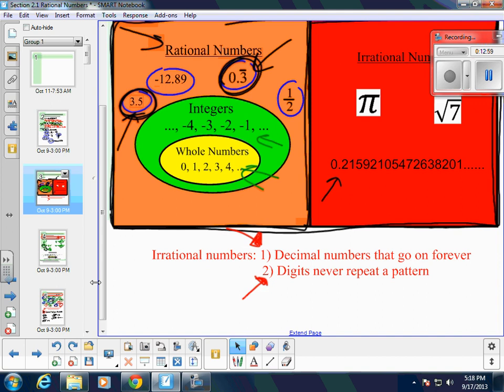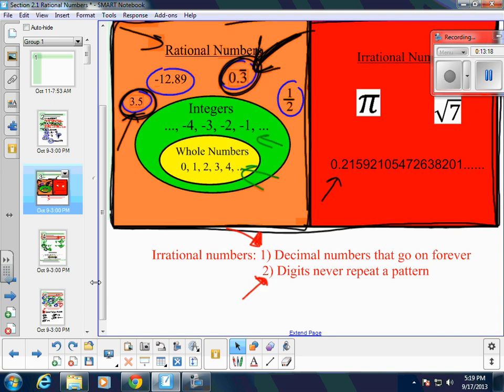And I don't see any kind of line over the numbers like I have up here for 0.3. Remember, here's what it looks like if some number starts repeating, 0.3 with a line over it. But in this case, there's nothing like that, so that's how we know that none of these numbers repeat any kind of pattern. That's what irrationals look like.